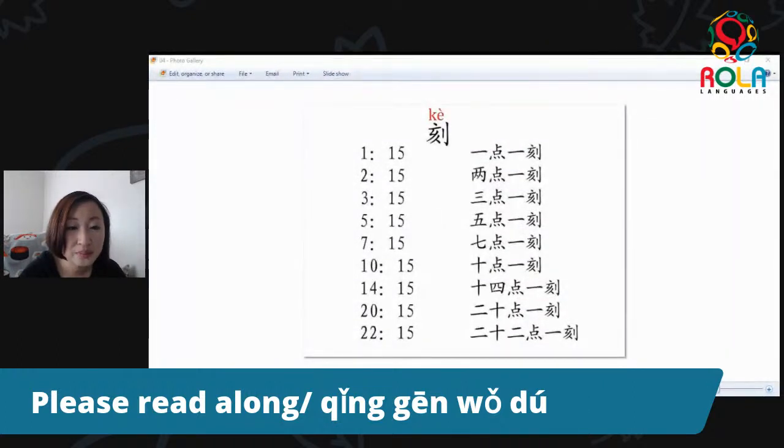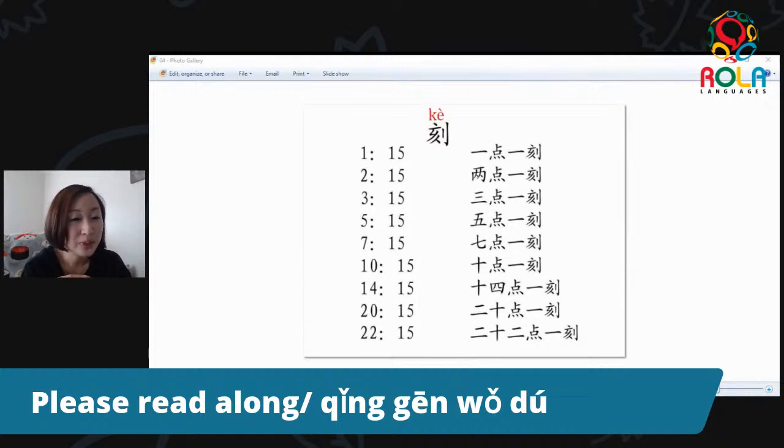This one, 刻. When it's used as a term of time, it means, you can guess, a quarter. So a quarter past 1, we say 1点 and 一刻, 1点1刻. A quarter past 2, 2点1刻.